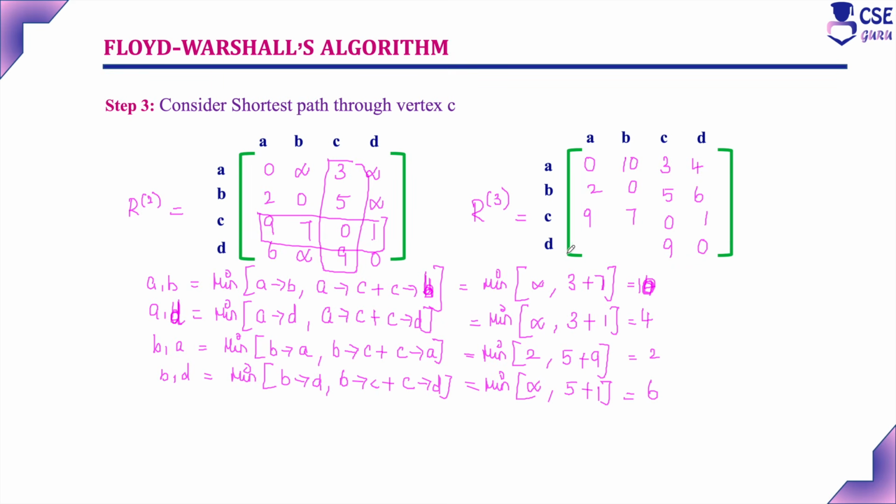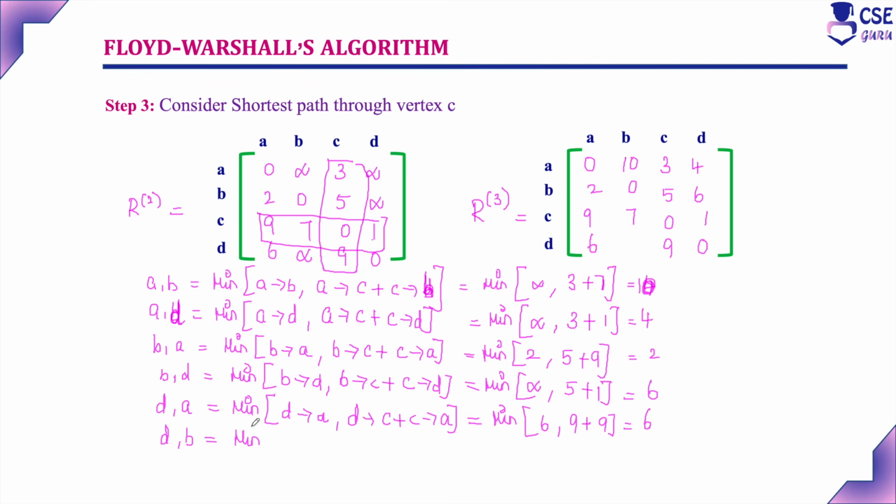Next we need to consider the shortest distance for D to A and D to B. Minimum of D to A and D to C plus C to A. D to A is already 6. D to C is 9 plus C to A is 9. So which one is minimum? 6 is minimum.